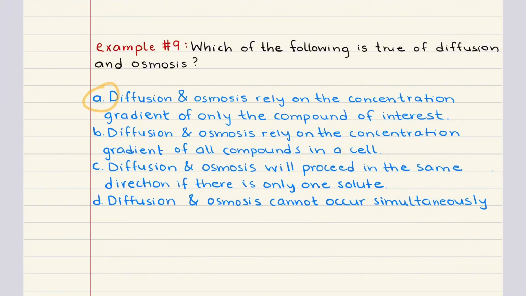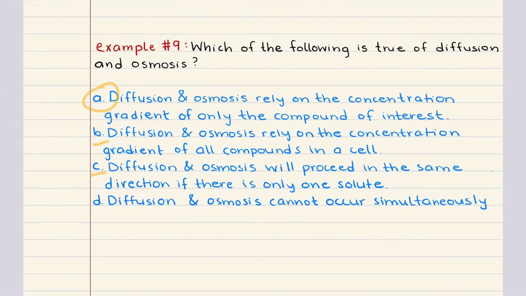Let's also talk about why the other answers are incorrect. B says they rely on the gradient of all compounds in a cell. This is not how we model transport. Each species moves according to its own gradient. C claims that diffusion and osmosis will always go in the same direction if there is one solute. That's not necessarily true.